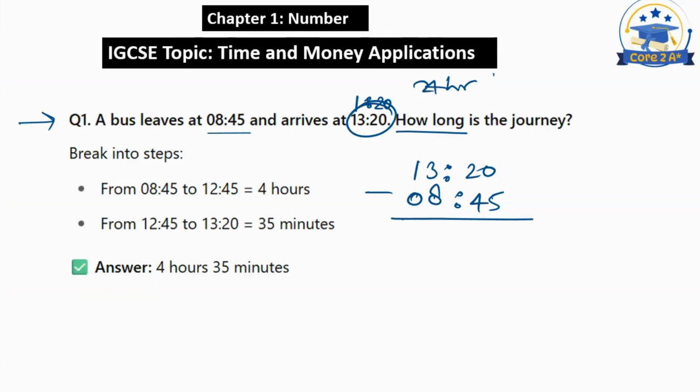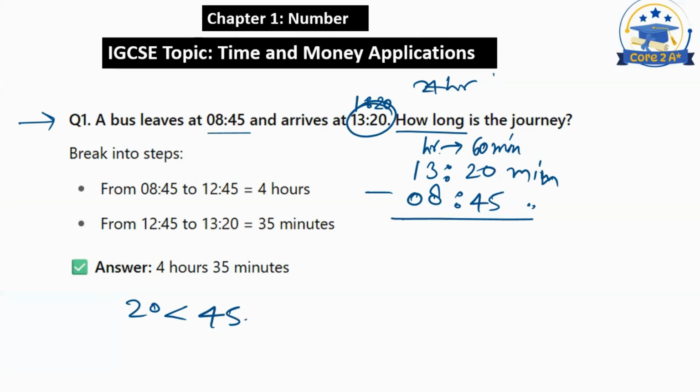But the question is, the right one is minutes, and 20 is less than 45. Do you know that, right? 20 is less than 45. So how can we subtract? We have to take one carry from the hours, right? 1 hour will be converted into 60 minutes.